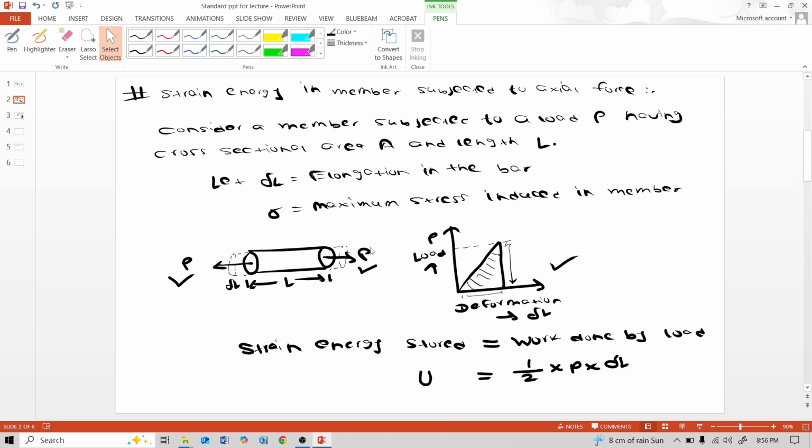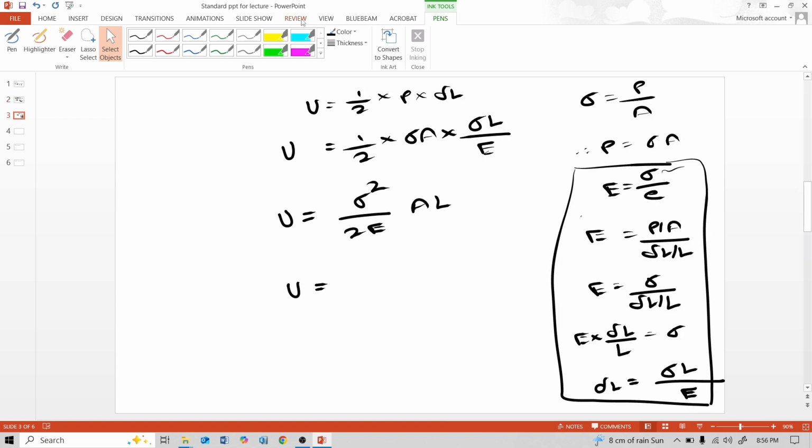See, for that bar, area multiplied by length is the volume of that bar. So, sigma square upon 2E multiplied by volume. Area into length is nothing but volume.